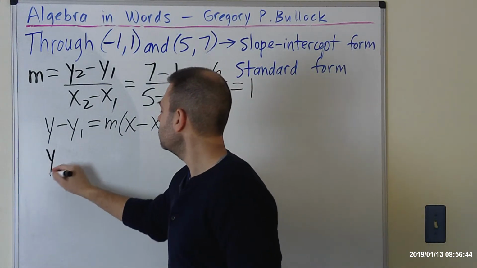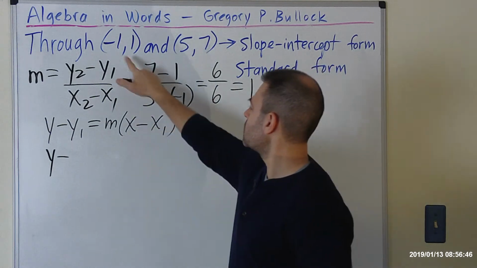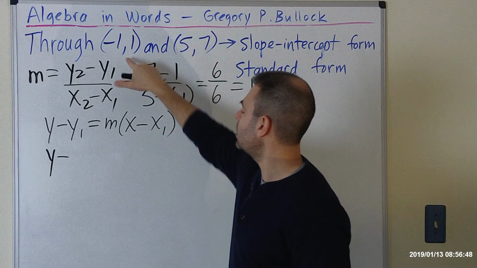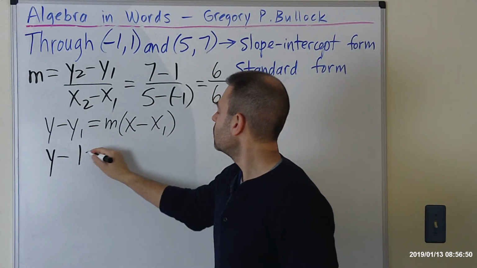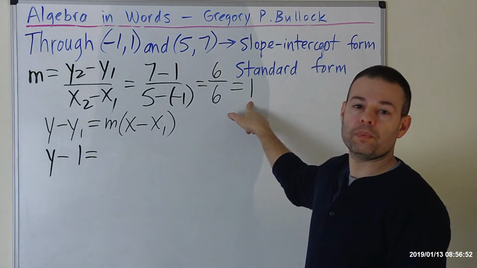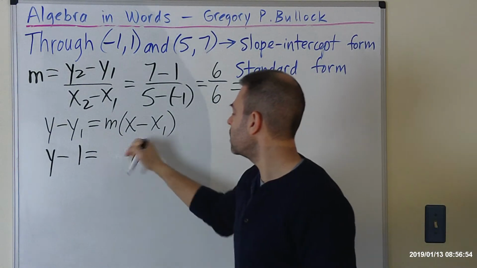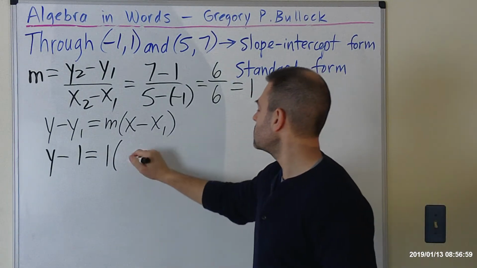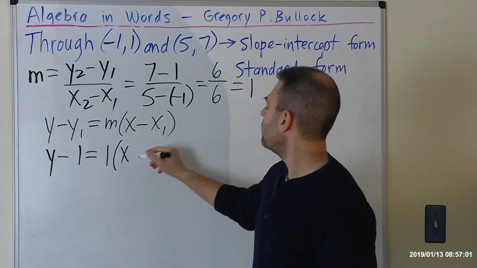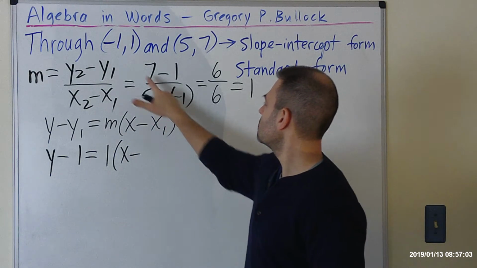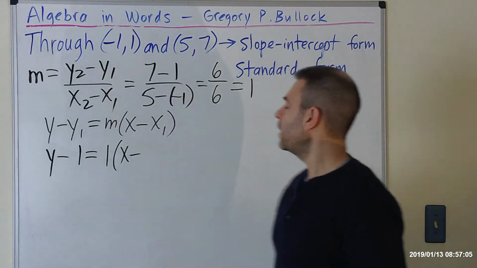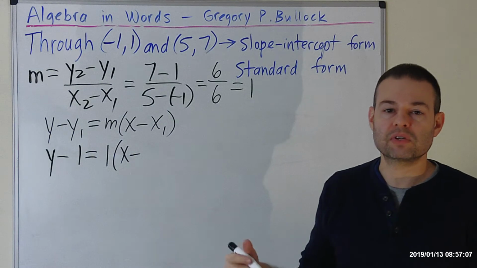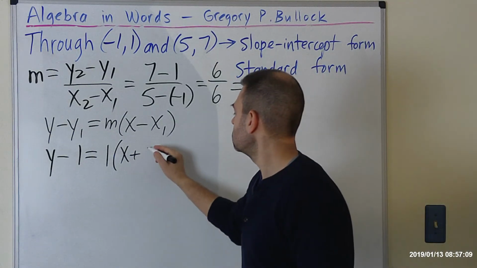y stays y. And if we're using this point, y1 would be 1, equals, we determined that the slope is 1, so this 1 is going to go here for m. Parentheses, x stays x, and minus, and in this case, this is our x1, and since we have minus of a minus, I'm just going to make this plus 1.